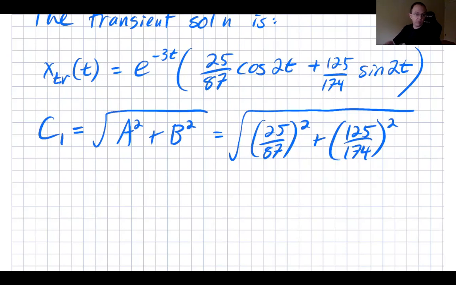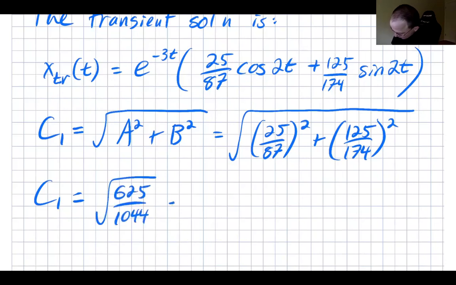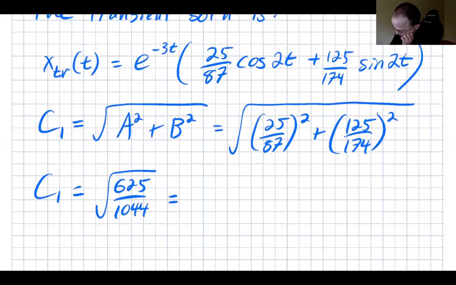Okay, that's 625 over 1044. And that simplifies to 25 over 6 root 29.